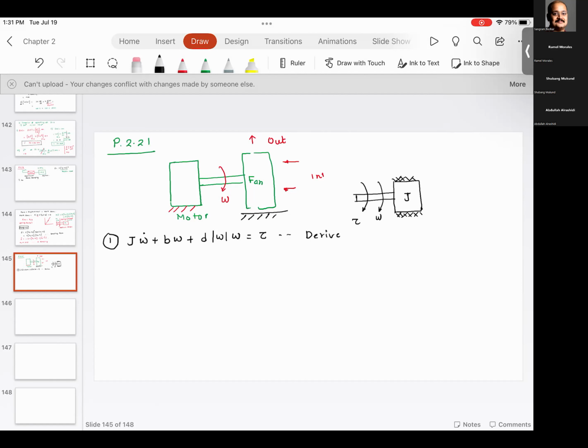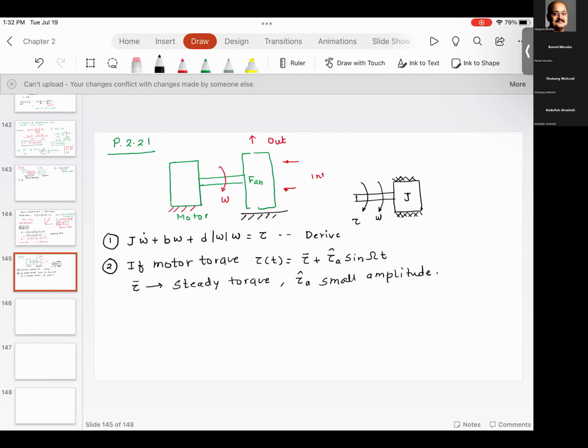The second part is, if the motor torque is given as, wherein tau bar is the steady torque and tau A is a small amplitude, then we have to actually linearize the model about the steady state operating condition.